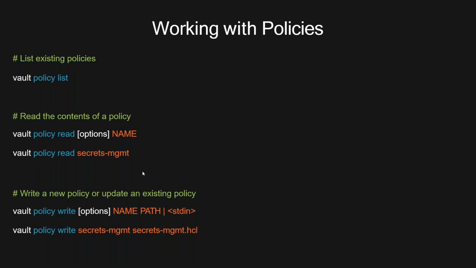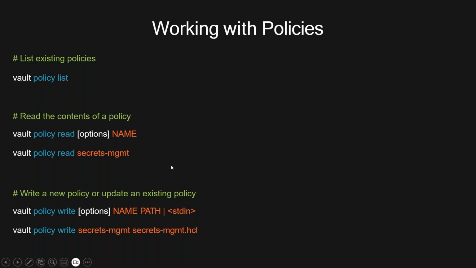Okay, see here, this is the command policy list, and here you are assigning. Look at this here. You are saying policy read secret management. Secret management is basically one secret engine to which you are assigning read write access or something like that. Here you can write a new policy or update an existing policy, or read the content of the policy.